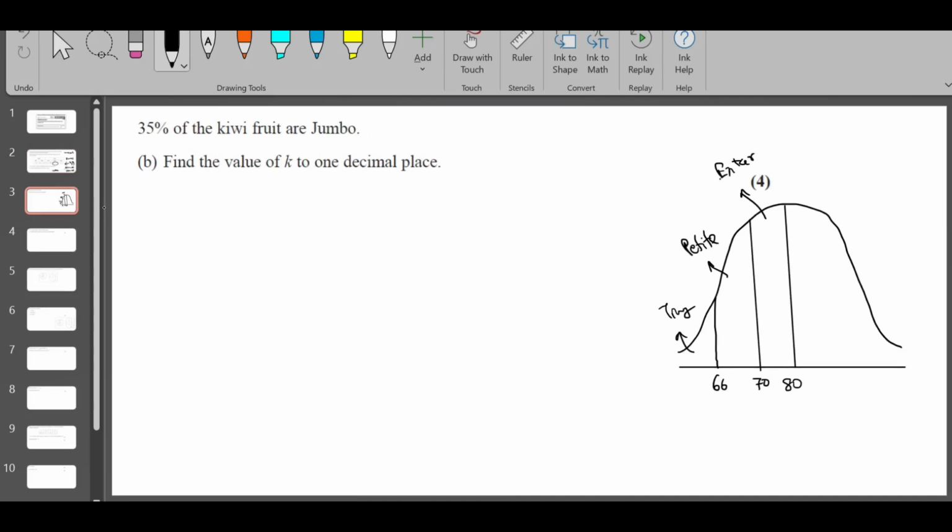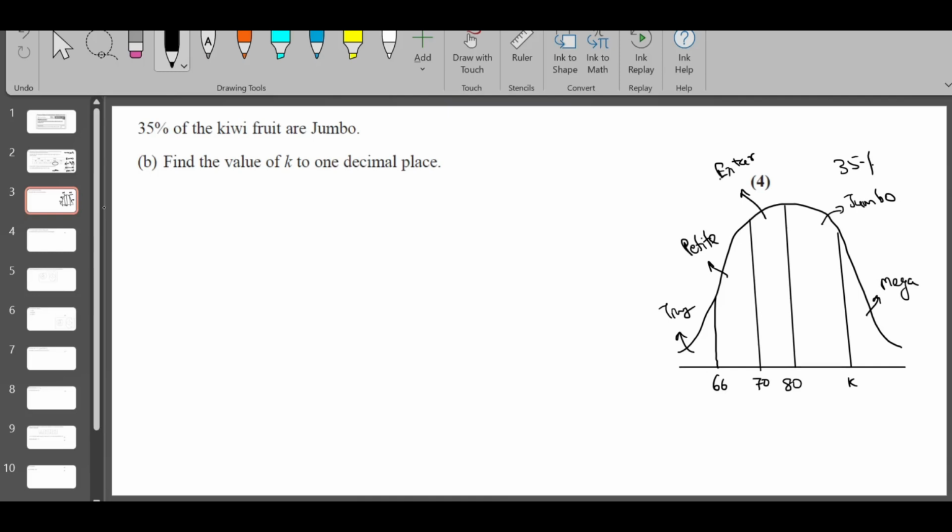And then 80 to K, we don't know the value of K. That's jumbo. And then more than K is considered mega fruit. This jumbo is 35%. That's what they are saying. 80 to K is 35%.